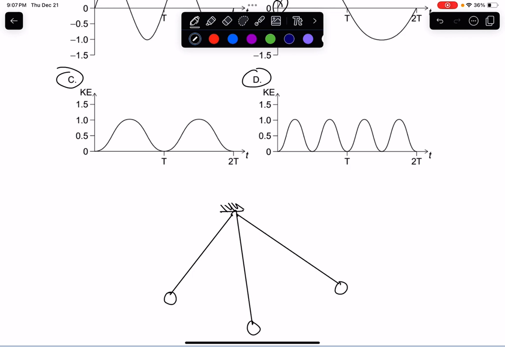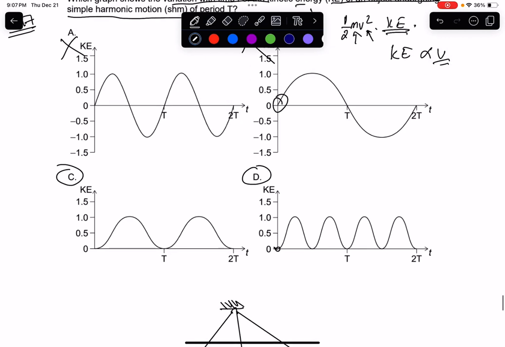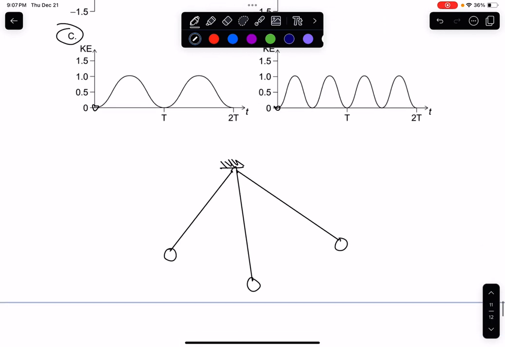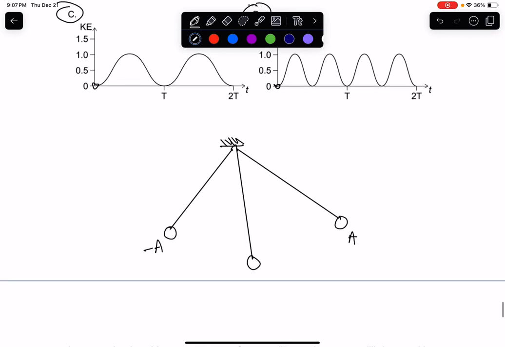We know that the kinetic energy for both of these graphs starts at 0. Because the kinetic energy is starting at 0, the pendulum bob will start at one of the amplitude positions. The reason is that at the amplitude positions, the velocity is 0 meters per second.